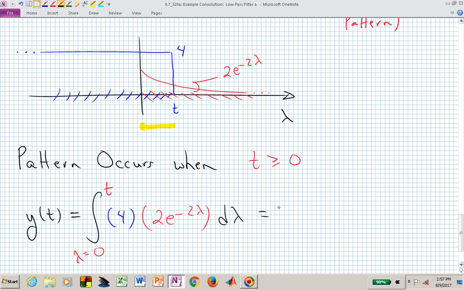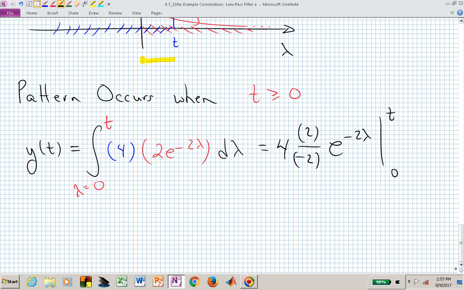We can now integrate this. We now have 4, and we have the 2 if we bring that through, and then the minus 2 from the exponent. We have e to the minus 2 lambda, and that's now evaluated from 0 to t. The 2's cancel. We have minus 4 evaluated at e to the minus 2t, or the upper limit, minus e to the minus 2 times the lower limit.